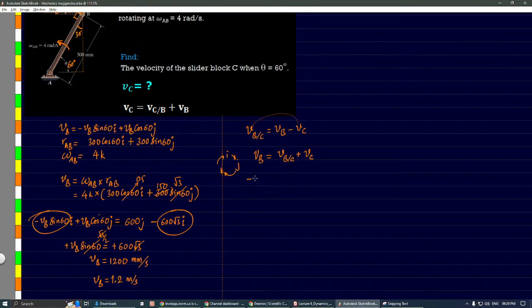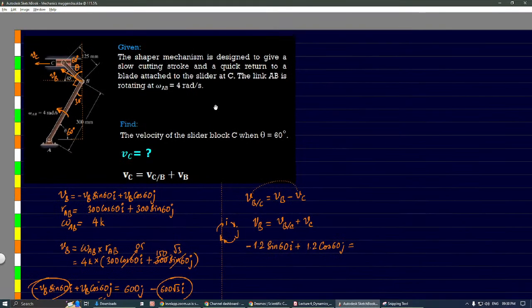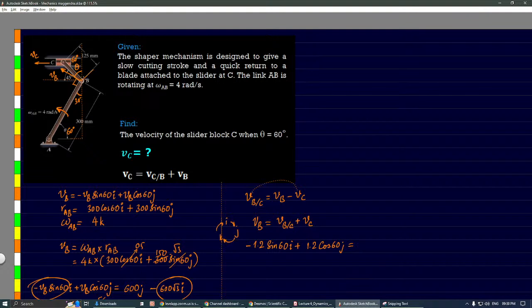VB is 1.2, so 1.2 sine 60 of I plus again VB, 1.2 cos 60 of J. This is equal to velocity of B with respect to C. Velocity of B with respect to C will again be perpendicular to this, and for this we need to find the two components, x and y components, because this angle is 90 degrees, the other side is 45, so this also will be 45.